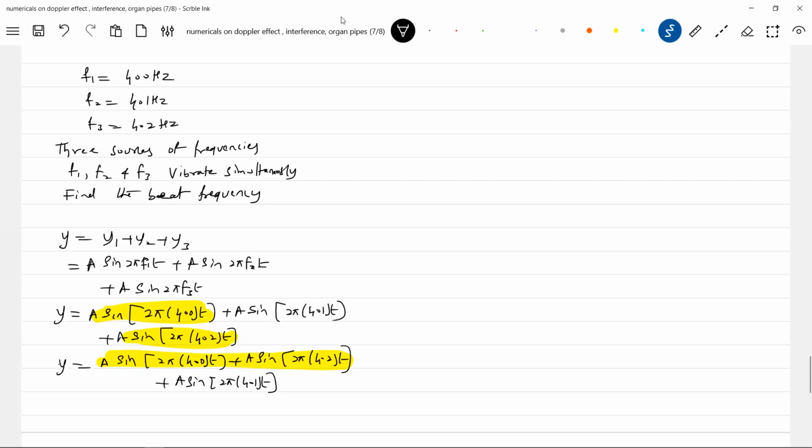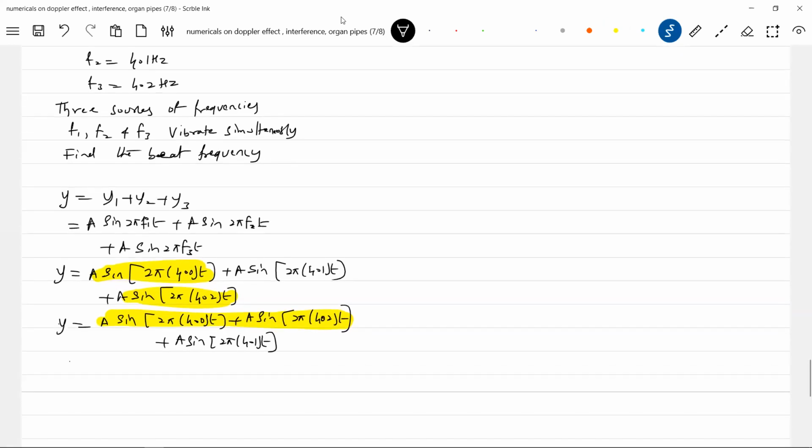Now look at this one. So y is equal to 2A sine 2 pi 401 t cos of 2 pi t, plus A sine. Check the mathematics once, the simplification of these two. The sin C plus sin D formula is what I ended up with.